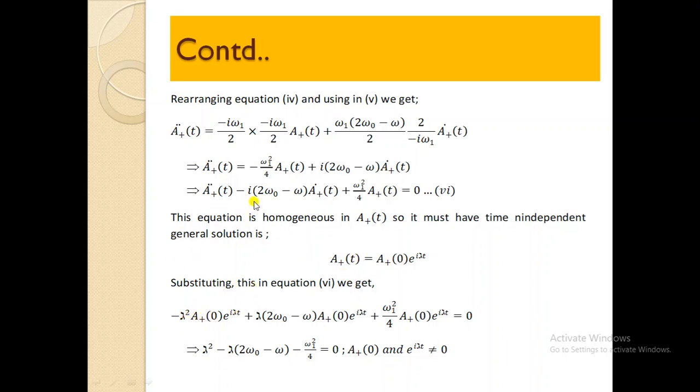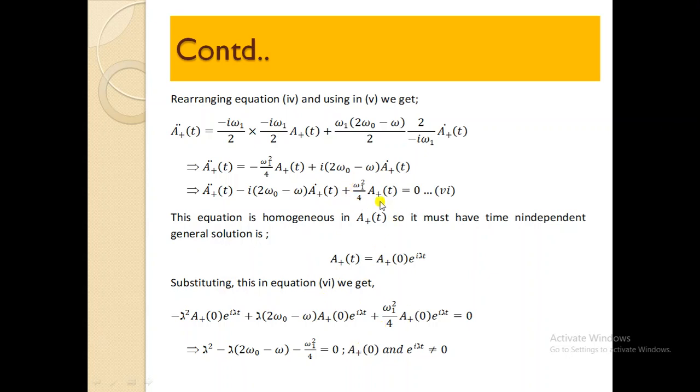And again here is minus, and from here minus I lambda we will get, so minus I square, that would be minus into minus plus, so here it becomes plus, and the other same lambda you will get, and a plus 0 e to the power I lambda t.